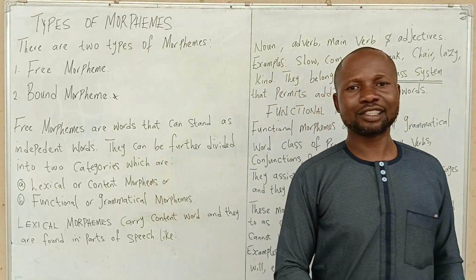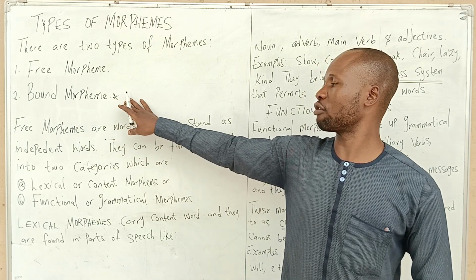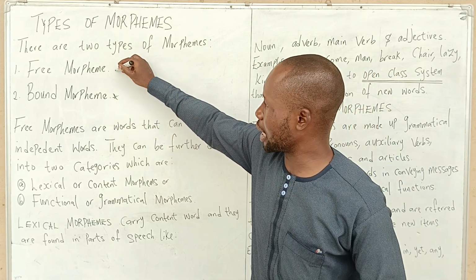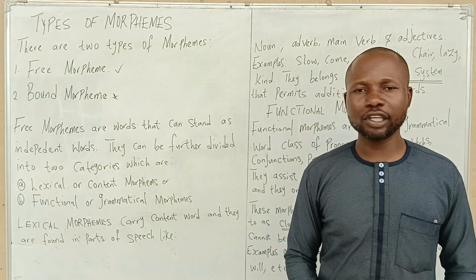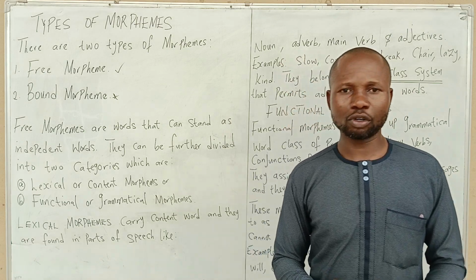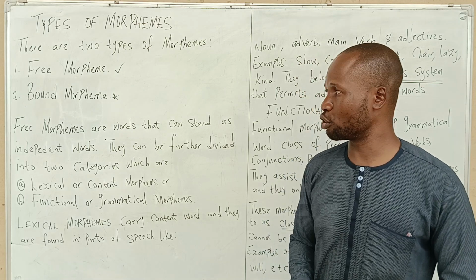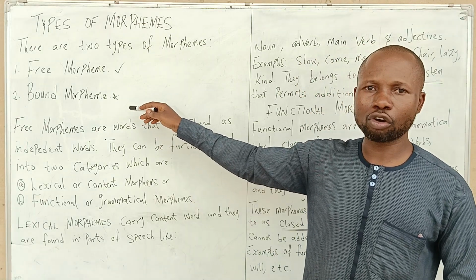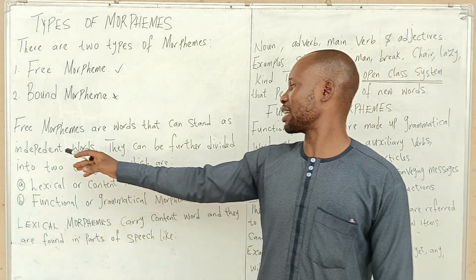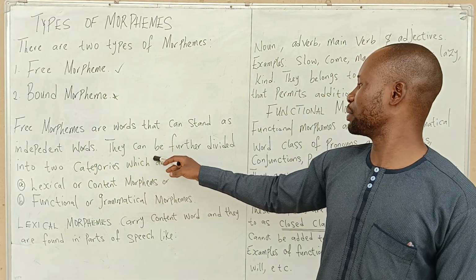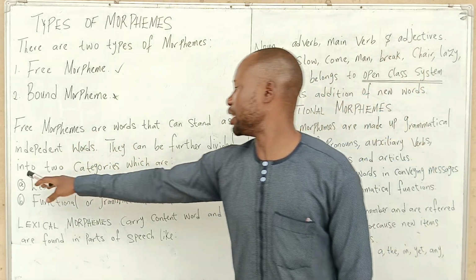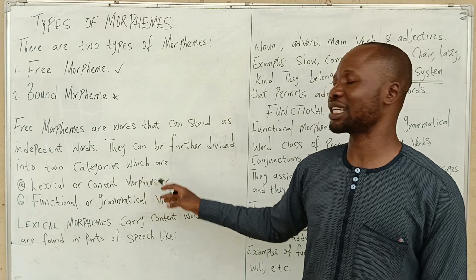In my next teaching or video, I'm going to cover bound morpheme, but today I will teach only the free morpheme. All right, thank you for your understanding. Watch out for the next video, which will be bound morpheme.